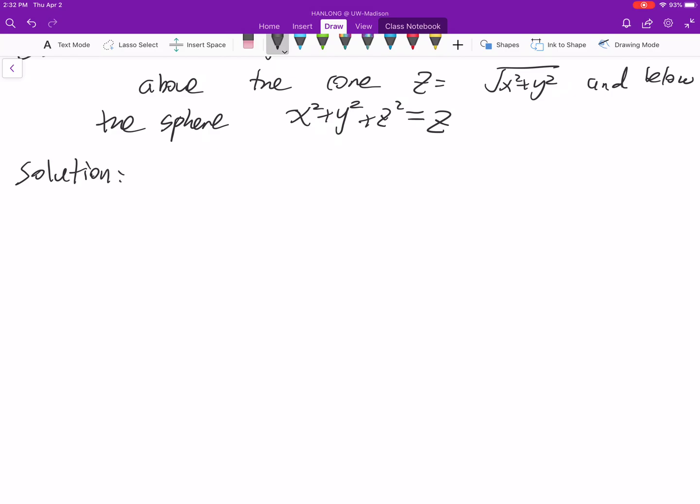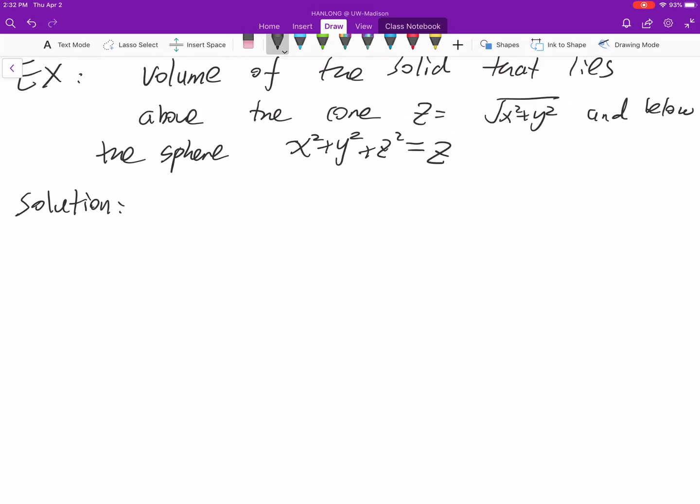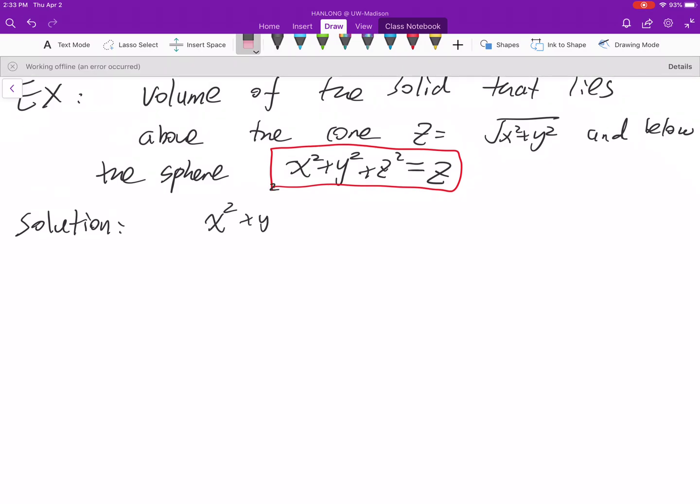First we need to draw a picture, so for the first step we change this a little into standard form so that we can locate the center of the sphere and the radius. So we complete squares: (z minus 1/2) squared equals (1/2) squared.